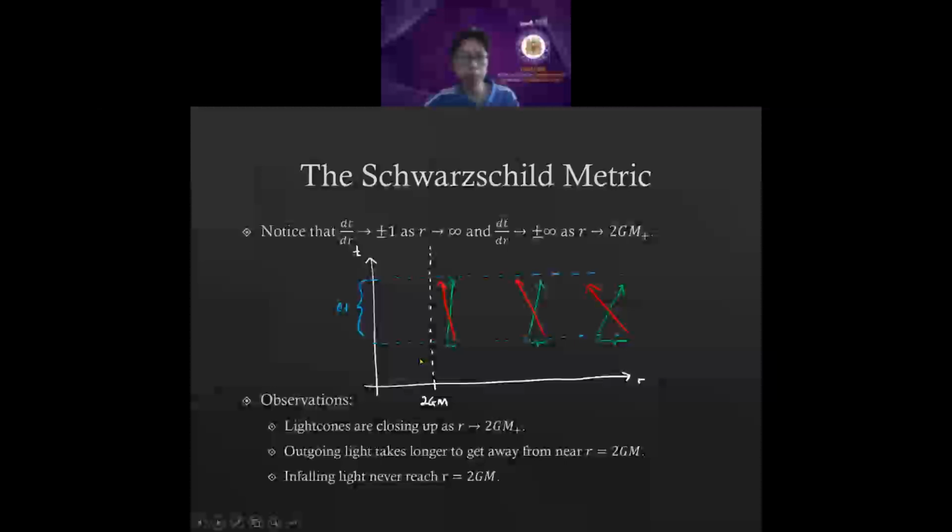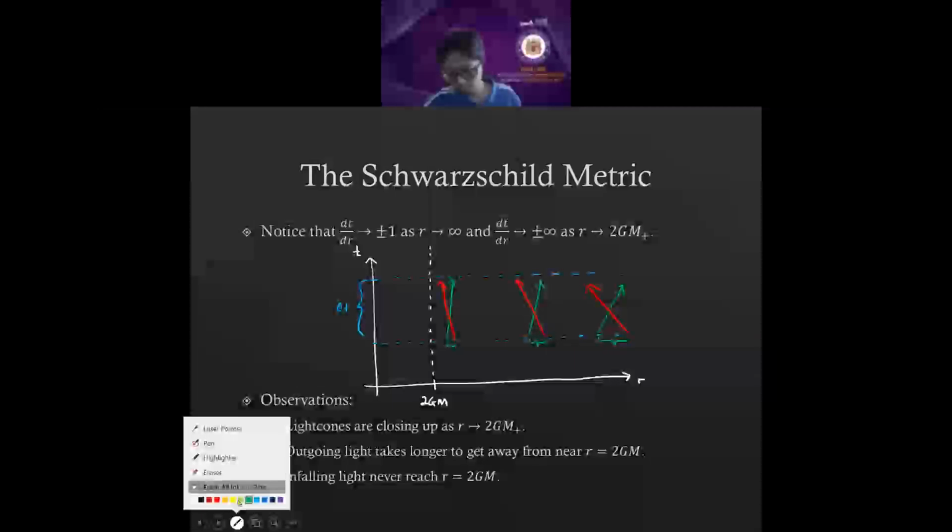This is very different from the Minkowski spacetime, where the light cone is always at 45 degrees, everywhere for all r. Secondly, notice that the outgoing light takes longer to get away from near r equals 2GM, as I said just now.